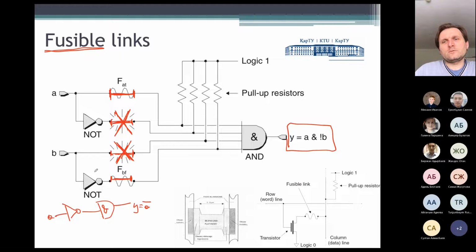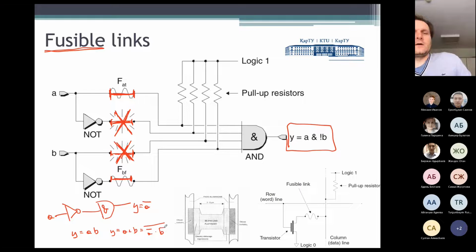So when I connect these two structures together, I obtain, for example, y equal to a b, or y should be a plus b, because it is the same as a b. I think you are good in that type of logical conversion.